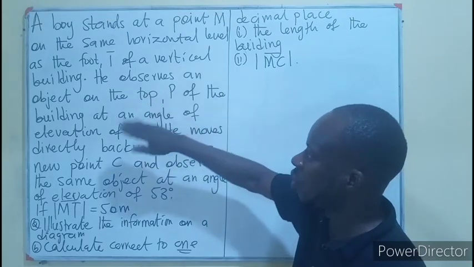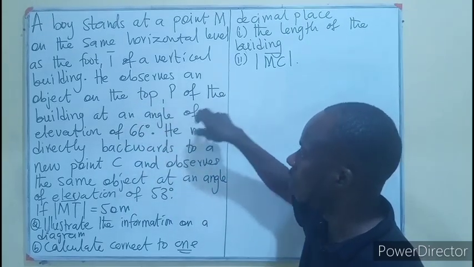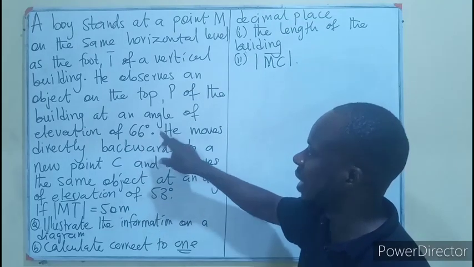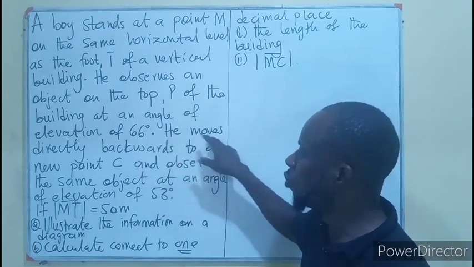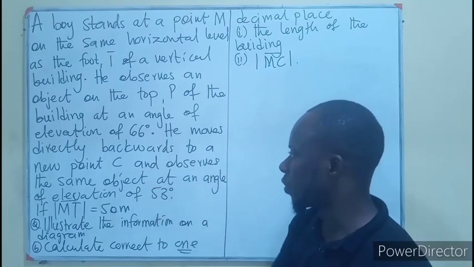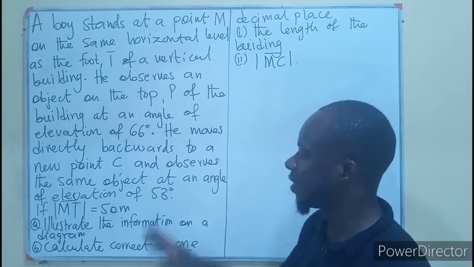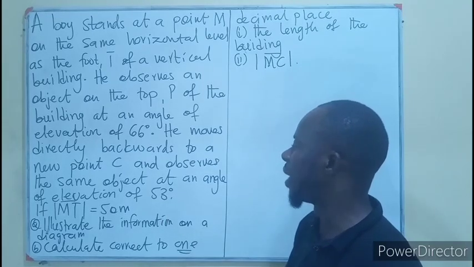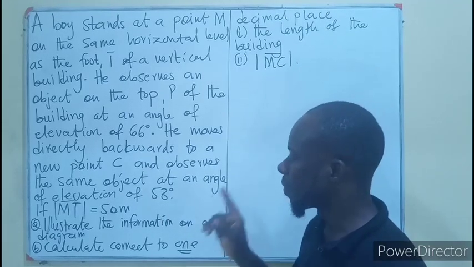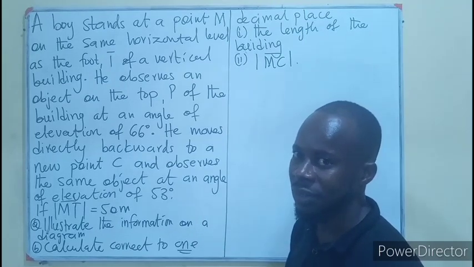He observes an object at the top P of the building at an angle of elevation of 66 degrees. He moves directly backwards to a new point C and observes the same object at an angle of elevation of 53 degrees.